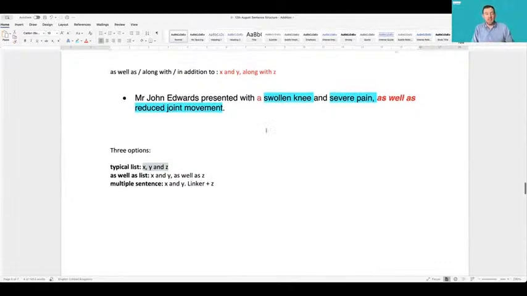In this case, it's the most simple type of list because it's one verb at the beginning, followed by multiple nouns, multiple objects. You presented with, it's like me saying, I ate a sandwich, a banana, and an orange. It's really easy because I ate it. But it gets more complicated because sometimes, even if you're using a typical list structure, X, Y, and Z might not be nouns. They might be different verbs.